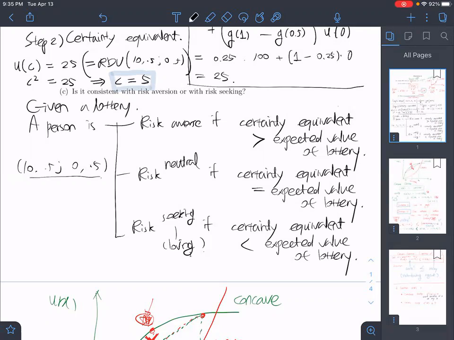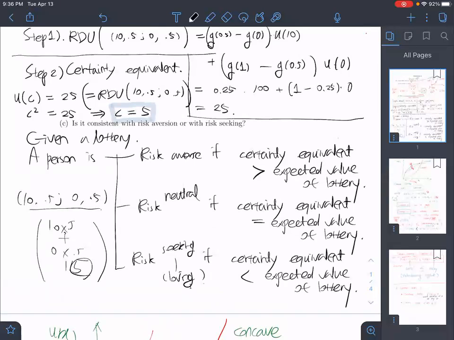What is the expected value of this lottery? It's just 10 times 0.5 plus 0 times 0.5. So what do I expect to get? It is 5. So 5 is the expected value of the lottery.